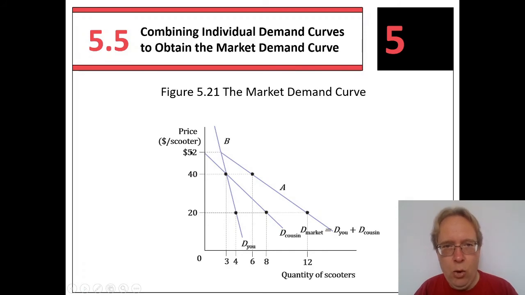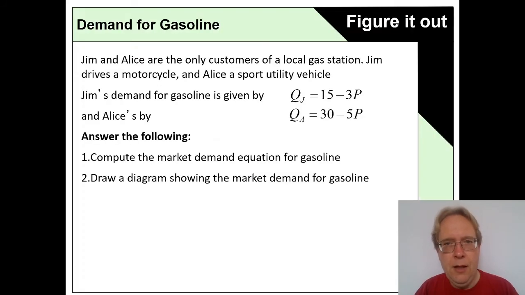So if we are below the choke price of both, total demand is the sum of the two individual demands, but at a higher price, we only have the demand of the person that actually has a positive demand. So at that choke price, we will get a kink in the market demand function.